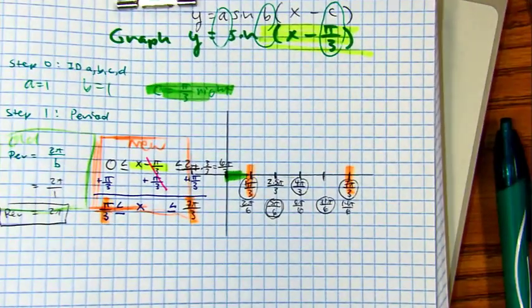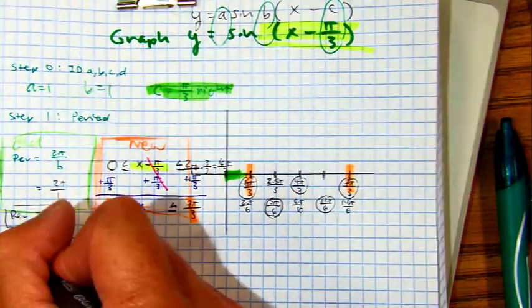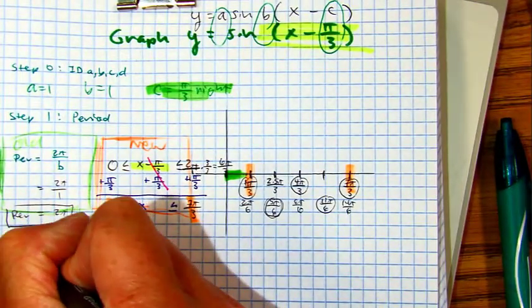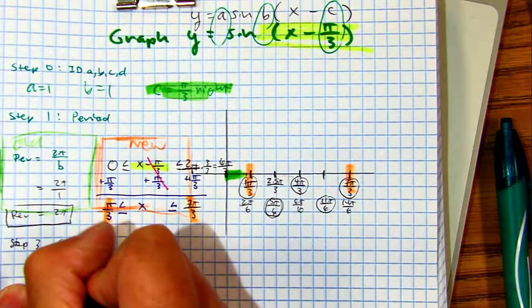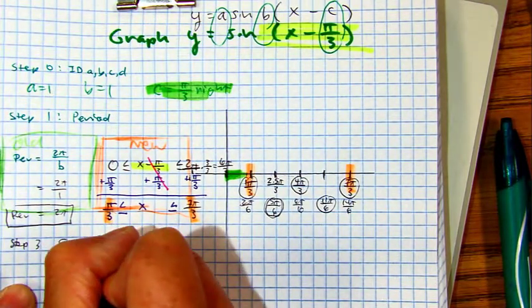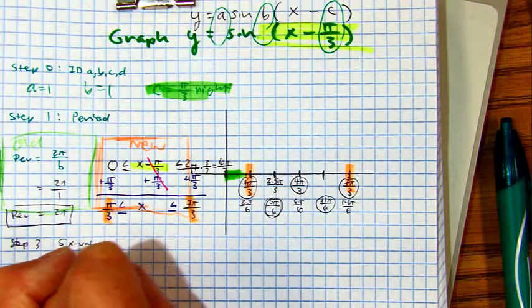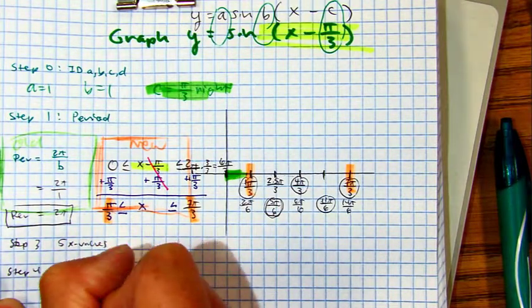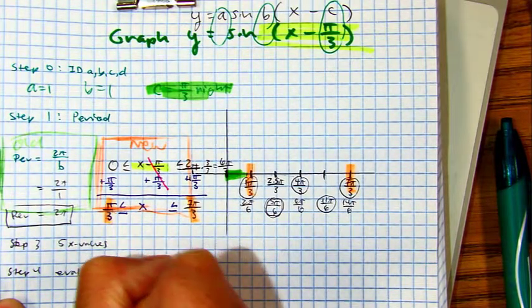Okay. Now we're going to find step 3. We have our x values. And now we're going to do step 4, which is to what? Evaluate it using our table of values.